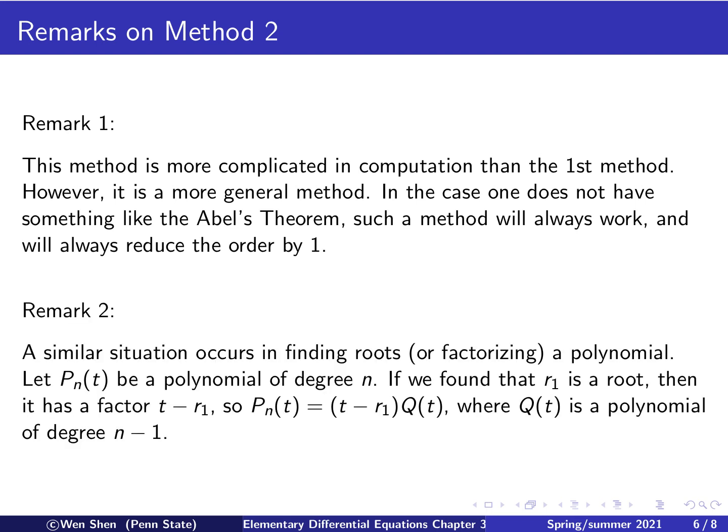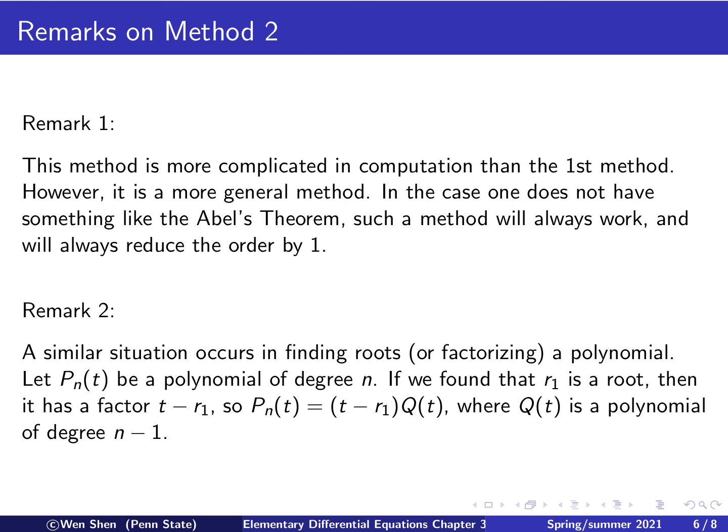A second remark: I would like to draw your attention to the similarity of this method to something we studied maybe in high school, which is finding roots of a polynomial. Let's say I have a polynomial Pn, where n is its order, so a polynomial of degree n, meaning the highest power term is t to the power n.